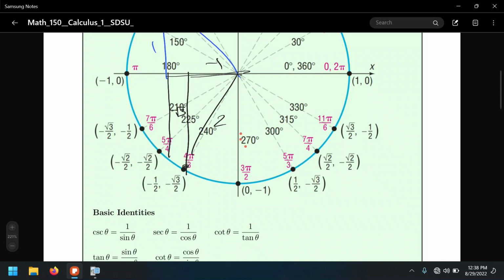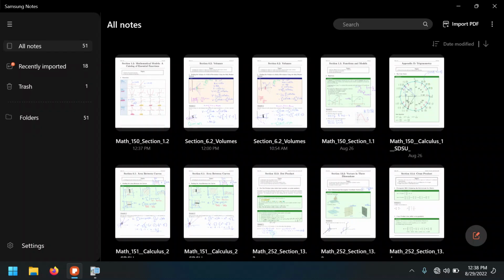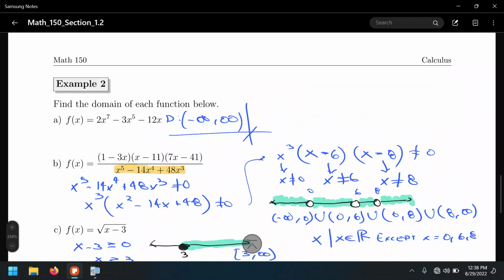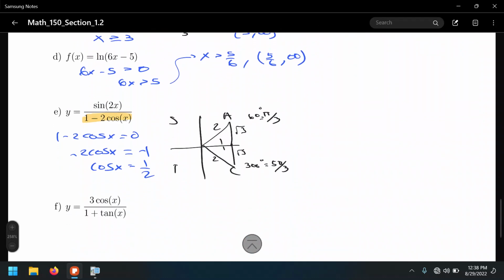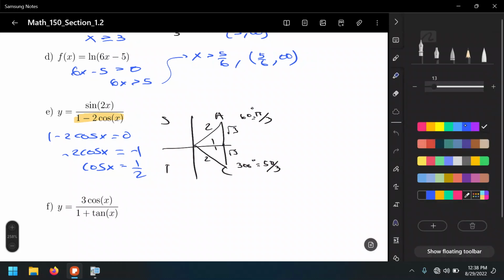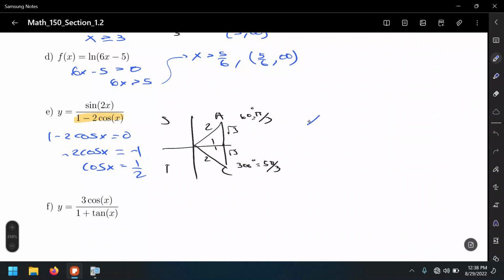Now, here is the thing. In this case, these are not the only solutions. We need to keep in mind the periodic property of these trigonometric functions. That means, in this case, x cannot be pi over 3 plus 2k pi. What is this 2k pi?